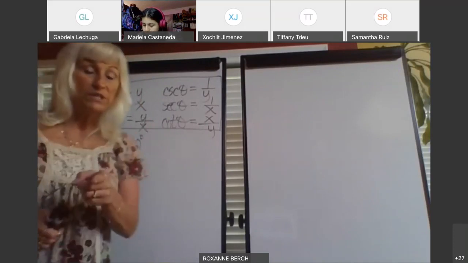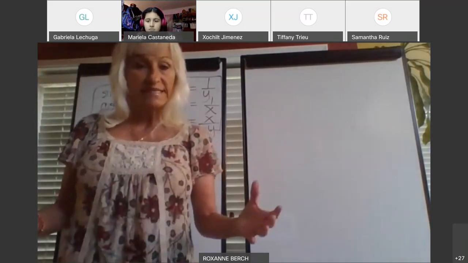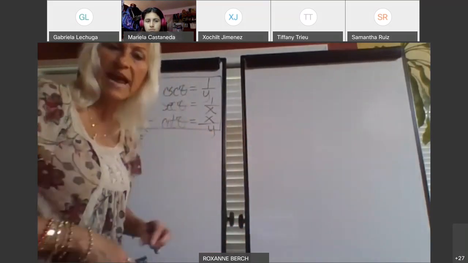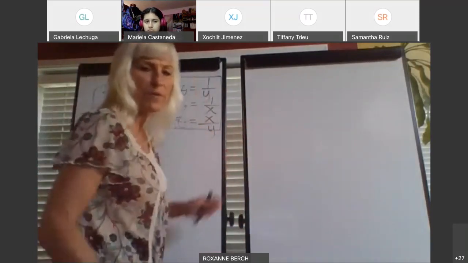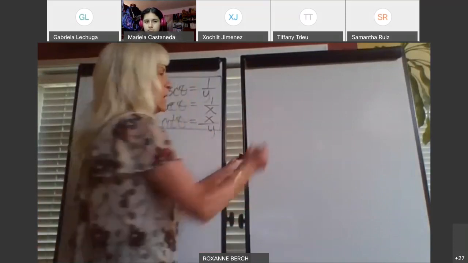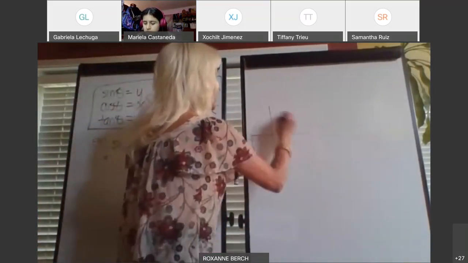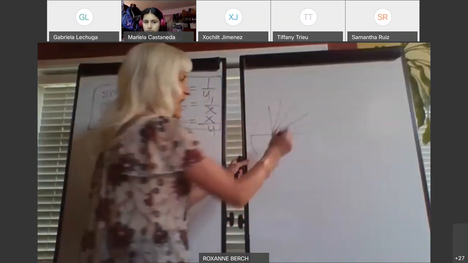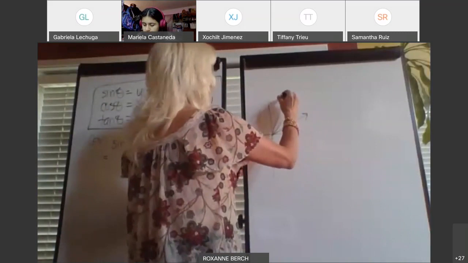But what I would do, if you were taking a test or quiz, is draw a picture of the reference angle at the top of my paper, just like I showed you on the unit circle quiz. And I would show everything.